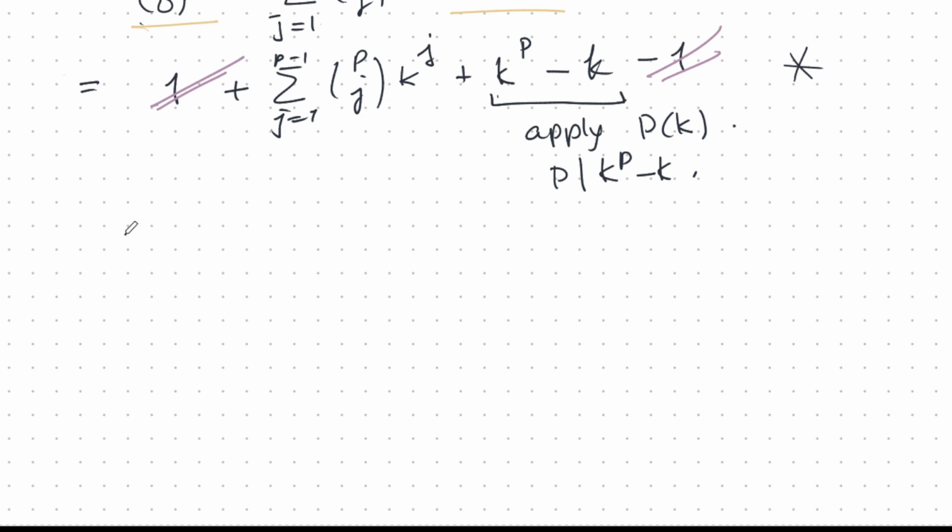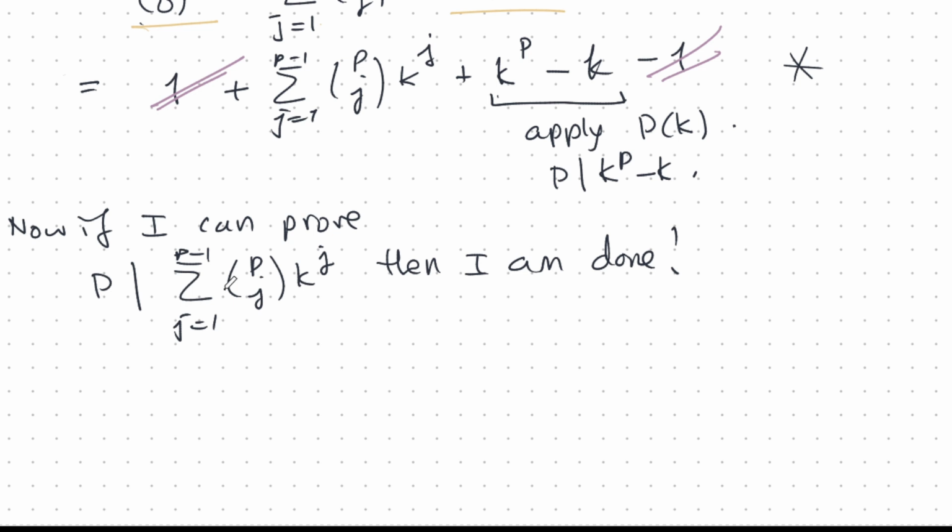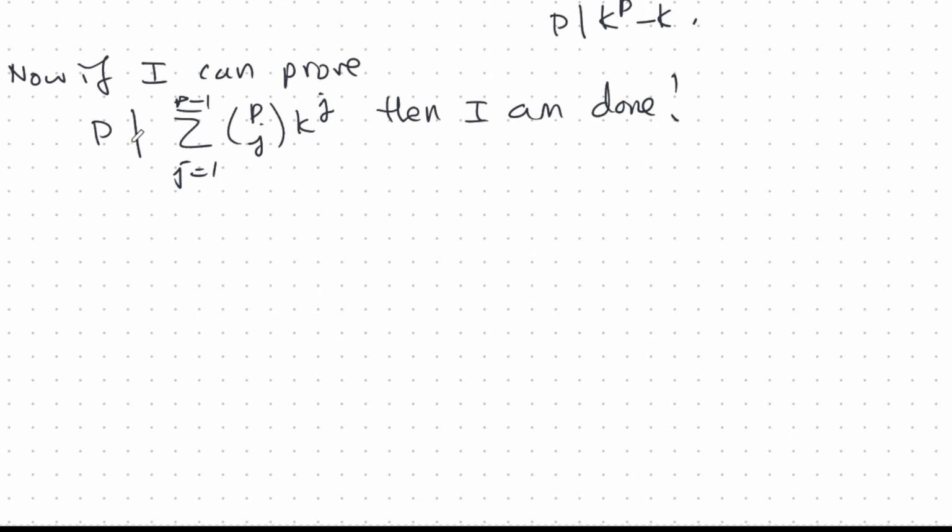So now, if I can prove that p divides this thing here, then I'm done. Because if p divides this, which I know, and p divides this, then p divides everything. And so P(k+1) is true. So I just have to find a reason why p divides this. Little p divides this, prime.